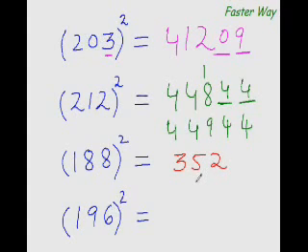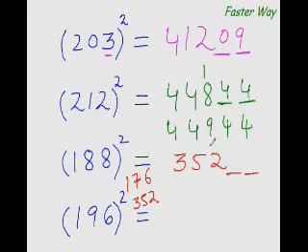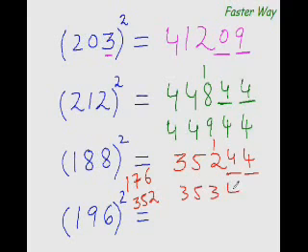Using the doubling technique. So double of 17 is 34, but the next digit is more than 4. So I add 1 to 34, that is 35, and copy the units digit of double of 6, that is 2, isn't it? So it is 352. Now two more places to go. So just put the square of the distance, that is 12 square is 144. So the answer would be 353.44.